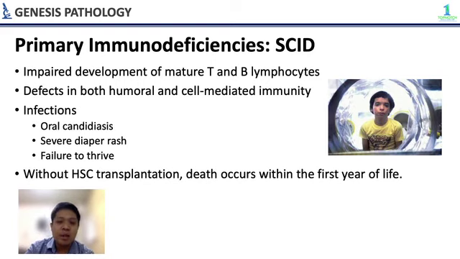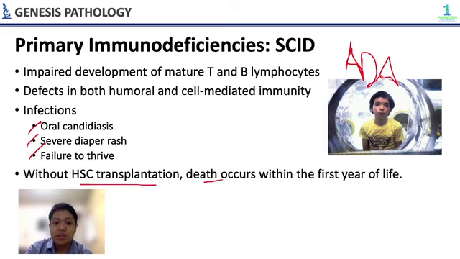Usually, meron silang deficiency in ADA or adenosine deaminase. So, yung infections niya, oral candidiasis, severe diaper rash, and failure to thrive. Without stem cell transplantation, death occurs within the first year of life. Example nito is the boy in the plastic bubble.